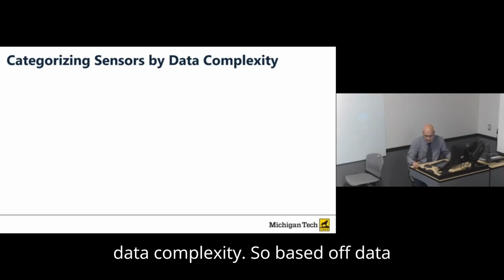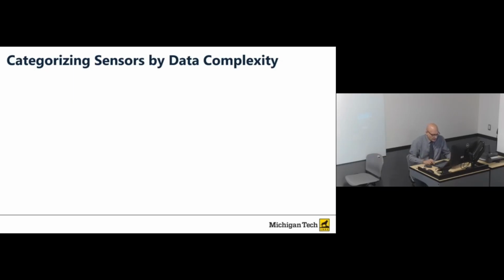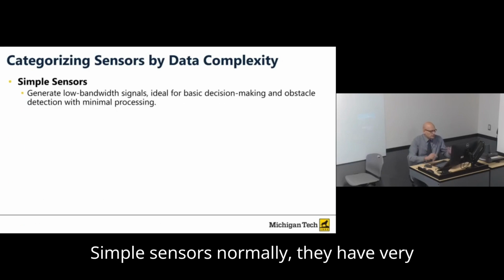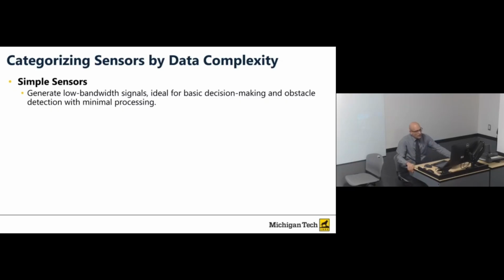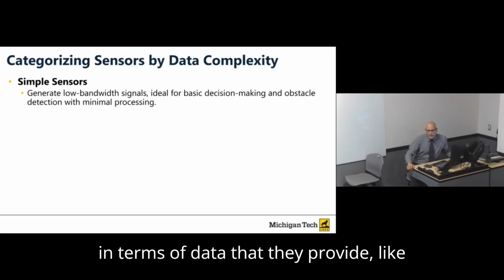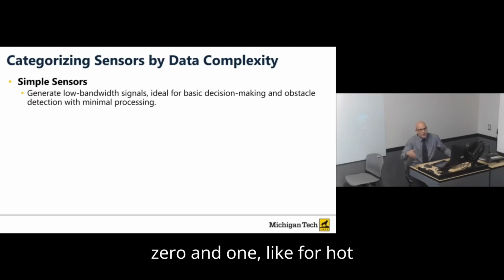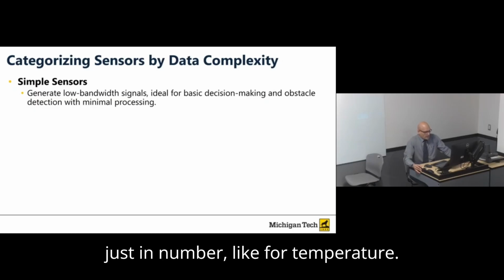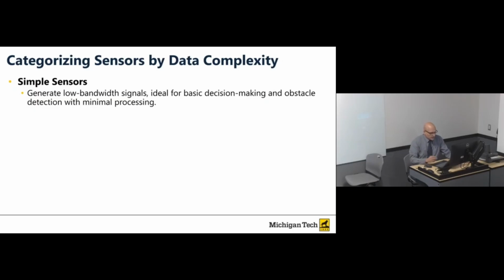Based off data complexity, we can categorize sensors into simple sensors. Simple sensors normally have very low bandwidth in terms of the data they provide, like 0 and 1 for touch sensors, for example, or just a number, like for temperature.